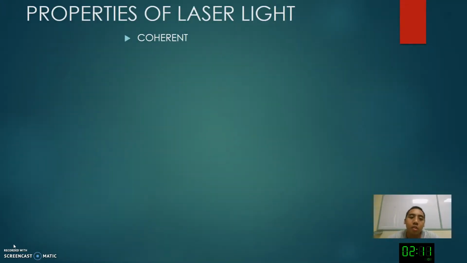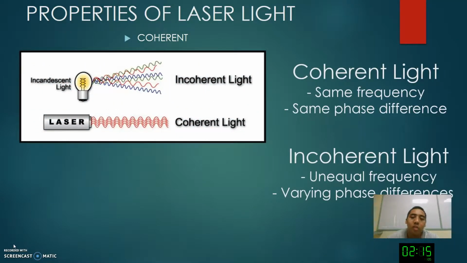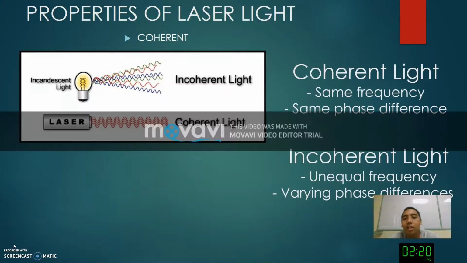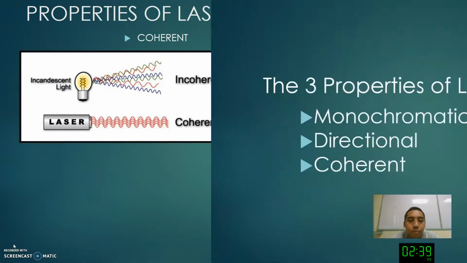Next property of a laser light is coherence. A laser light is considered a coherent light because a laser can emit light that has the same frequency and same phase differences, while an example of an incoherent light is an incandescent light bulb, which emits light of unequal frequency and varying phase differences.